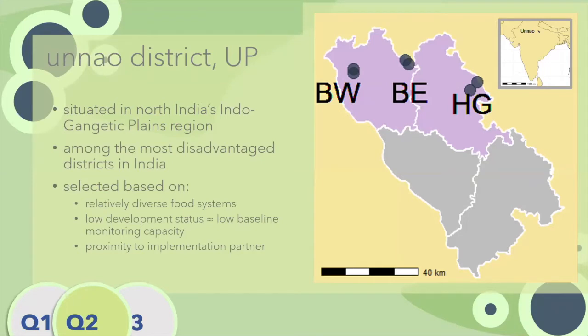And because of the low development status in Unnao, that criterion was well satisfied. And a practical consideration in selecting Unnao was its proximity to one of our TCI Tarina implementation partners, GDS, located in the city of Lucknow, which is nearby.